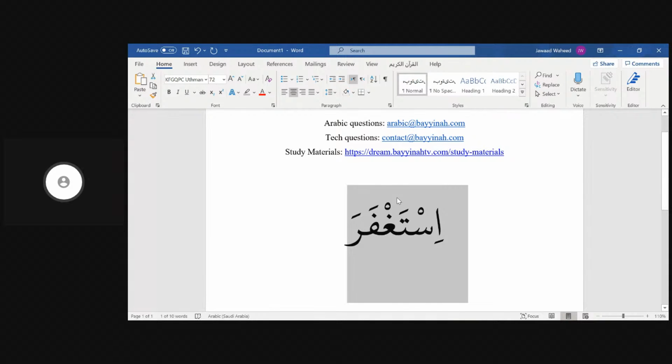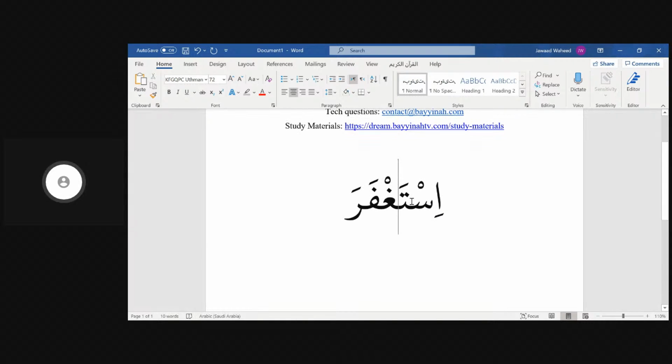If I'm given the word istaghfara, I know from memorizing this family that for this particular root, ghain, fa, and ra are root letters. The ist is a part of the pattern for this family, right?